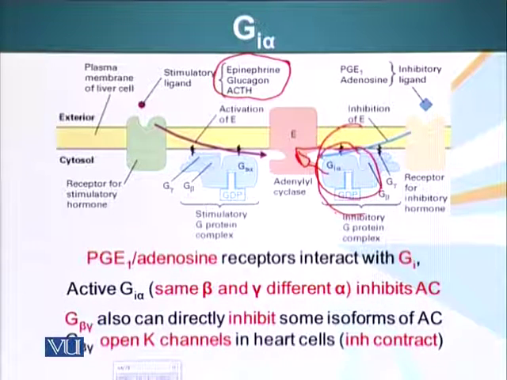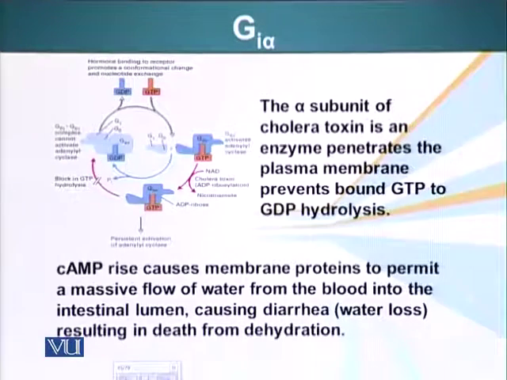Also, it's worth mentioning that the beta and gamma subunits of G proteins, some isoforms, can also inhibit some isoforms of adenylyl cyclase. Also, beta and gamma subunits of G proteins can open the calcium channels in heart cells and inhibit contraction.